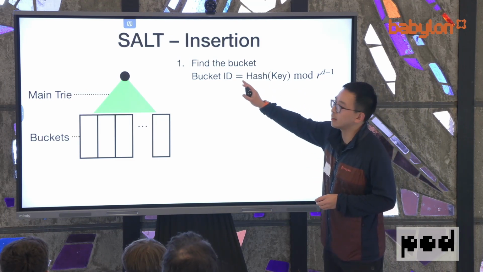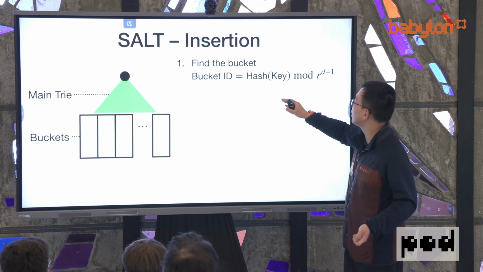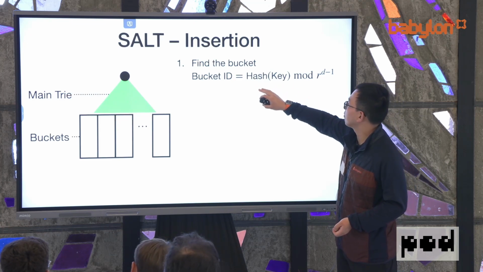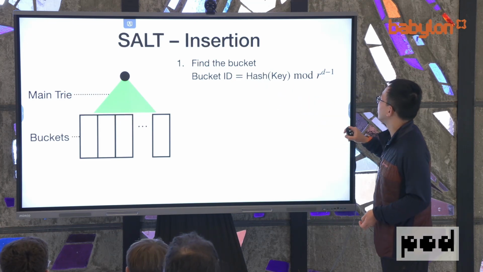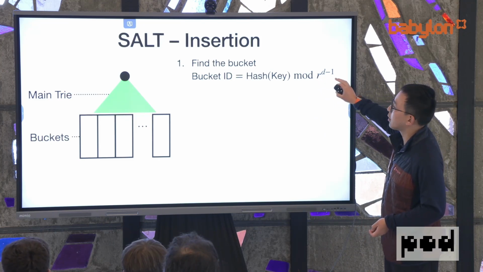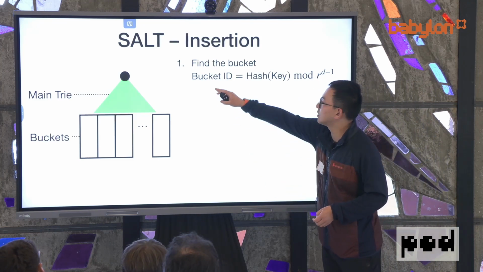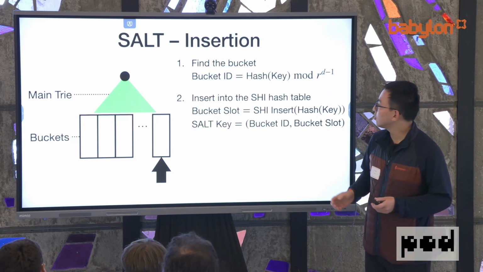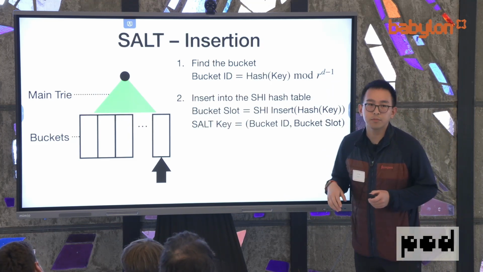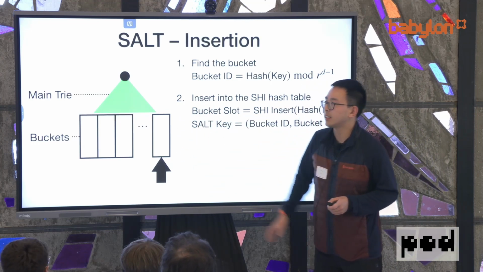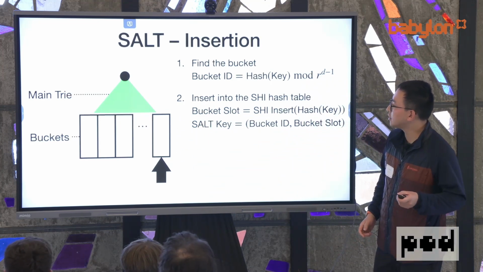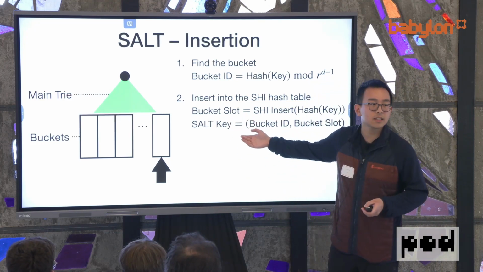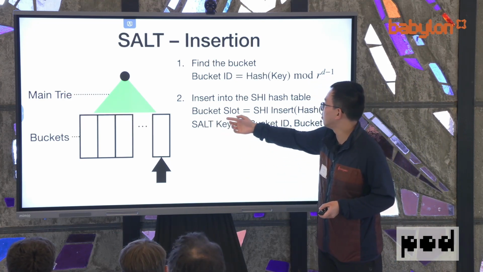First, we find the bucket, and it's exactly what you would expect. You first hash the key of your entry into something hopefully uniform, and you take a mod over R to the power of D minus 1, which is the number of buckets, right? And that's the bucket you should be looking at. And then you just perform your normal insertion process into this SHI table. And after you insert, you will find that your key is inserted into some particular index into this vector, and that's your so-called bucket slot.